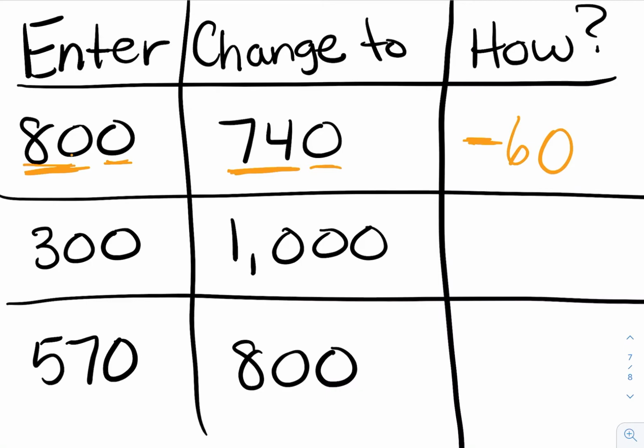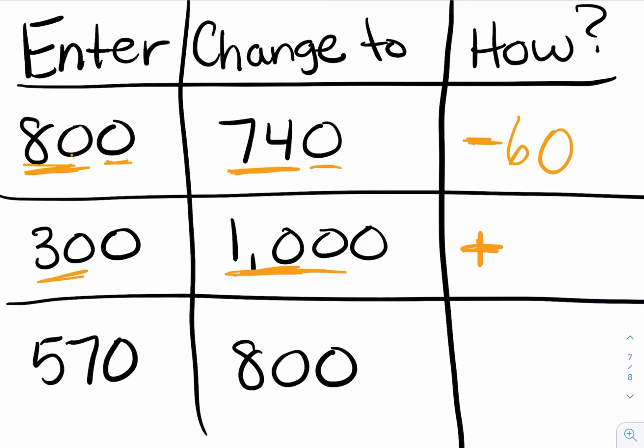Let's look at the next one. 300 changes to 1,000. Well, did the number get bigger or smaller? It got bigger. But how much bigger? Well, again, if it helps, look at just the first few numbers.